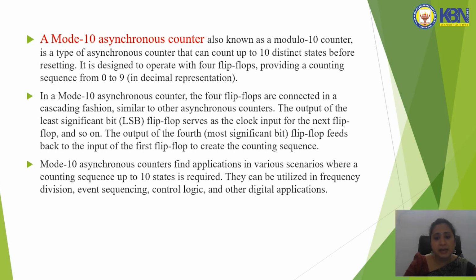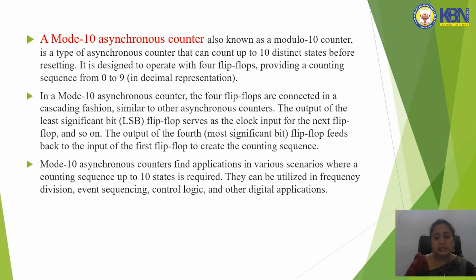It is another example of asynchronous counters. Here it represents the numbers 0 to 9, which means decimal numbers. Here we use 4 flip-flops. In mod 8 we used only 3 flip-flops, but here we use 4 flip-flops to provide a counting sequence from 0 to 9. The 4 flip-flops are connected in cascading fashion.